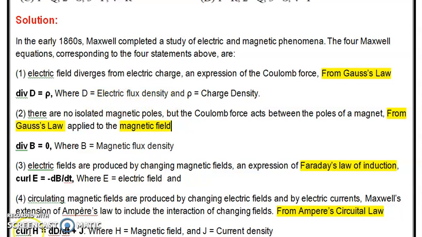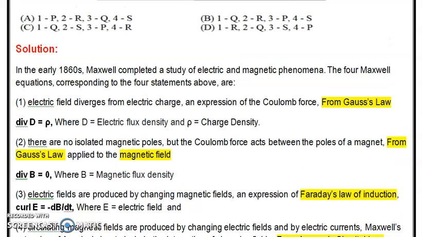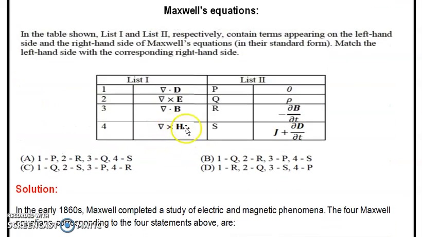So we get curl H is equal to dD by dt plus J. So the fourth one, curl H, matches with J plus dD by dt. Hence totally we can say that B is the correct answer.